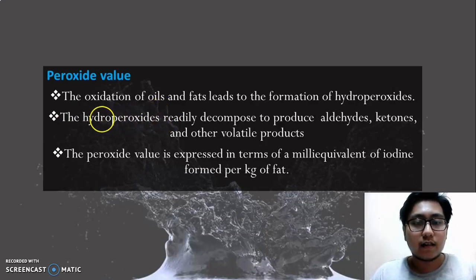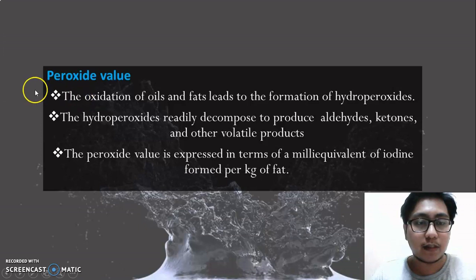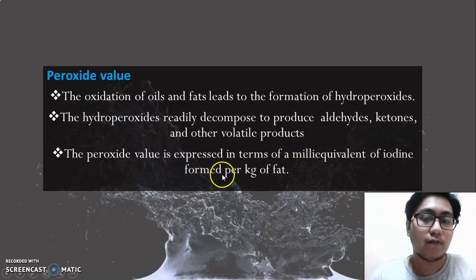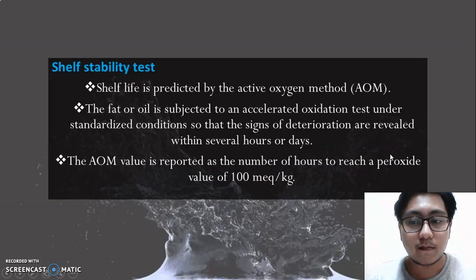These hydroperoxides can be determined by using peroxide value. So we can determine the degree of autooxidation of oils and fats, and the degree of formation of hydroperoxides. The peroxide value is expressed in terms of milliequivalent of iodine formed per kg of fats.